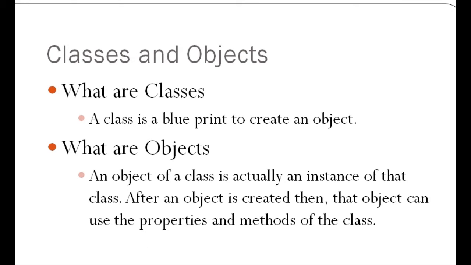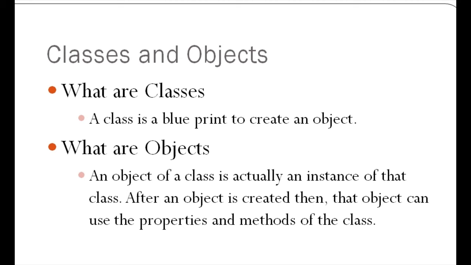A class is a blueprint to create an object. Now what are objects? An object of a class is actually an instance of that class. After an object is created, then the object can use the properties and methods of that class.